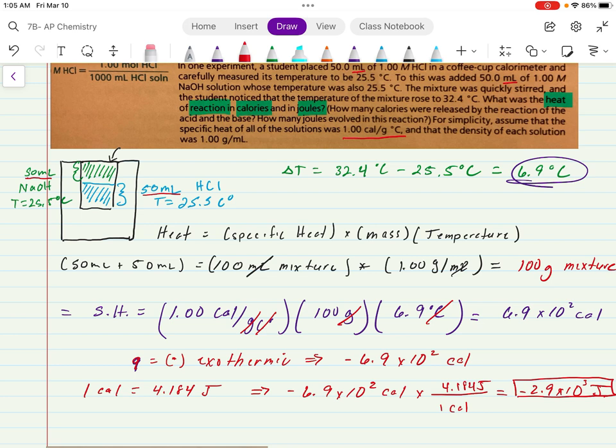Now, what we take away from this problem is the way we measure the energy being transferred, which is through a process called calorimetry.